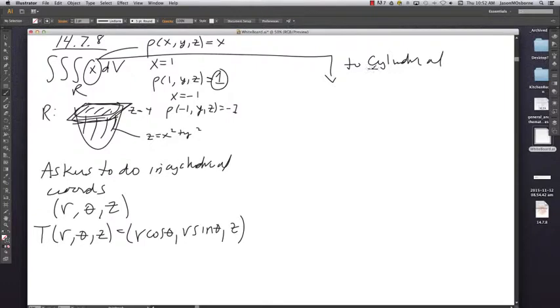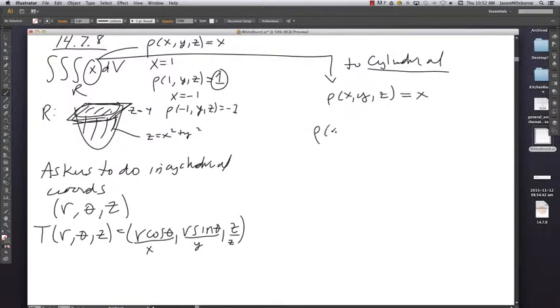There's a couple parts to this problem. We need to take the density function, which is a function of x, y, and z, and it's x in this case, and turn that into r, theta, and z variables. That is a simple substitution according to the cylindrical coordinates transformation. X is given as r cosine theta.